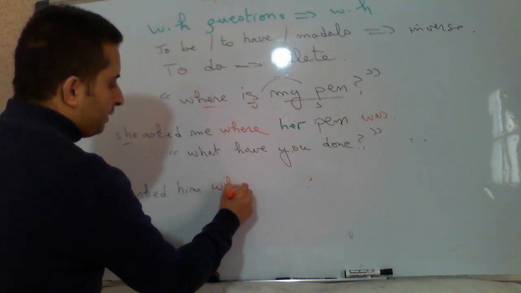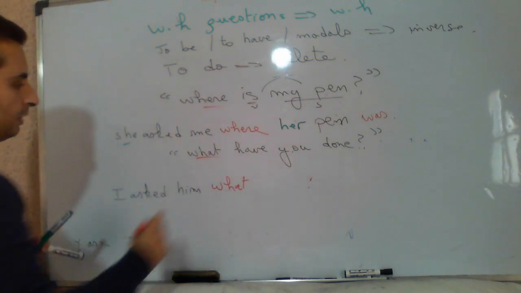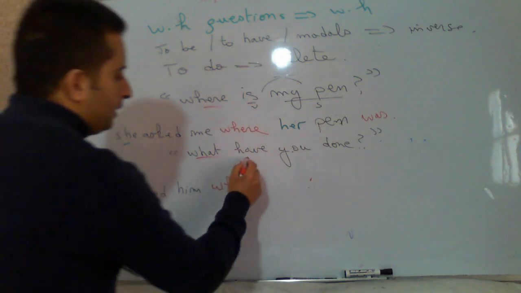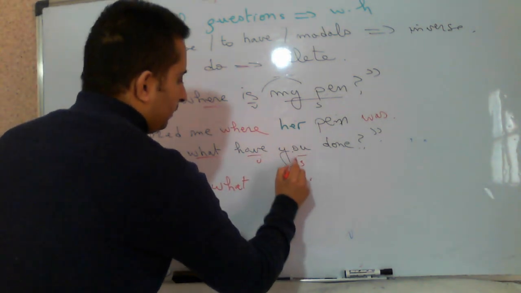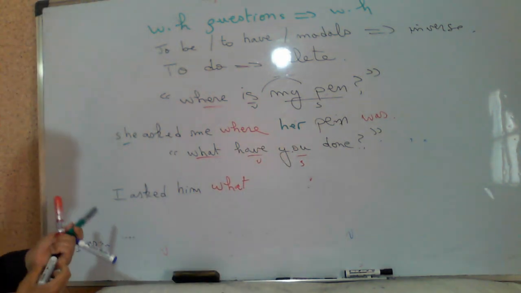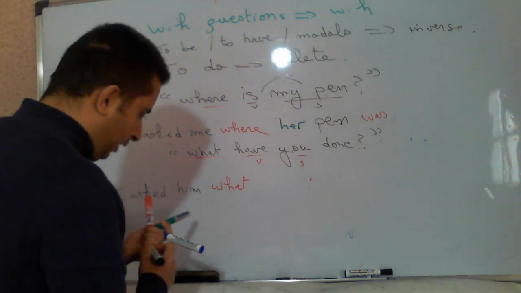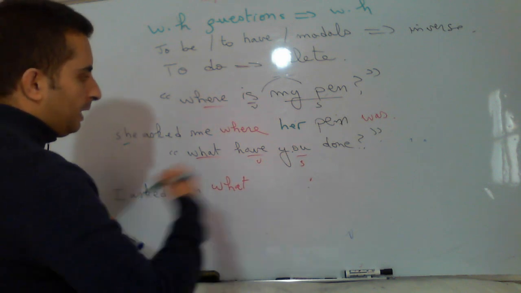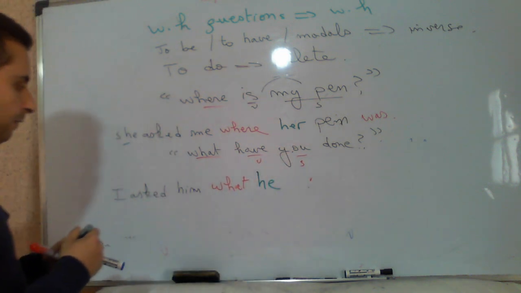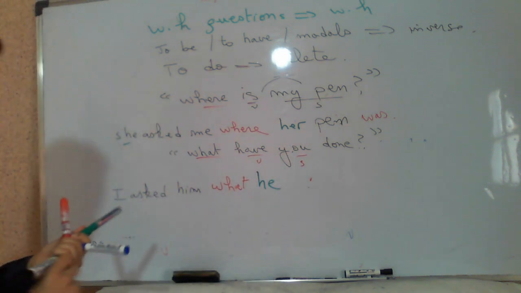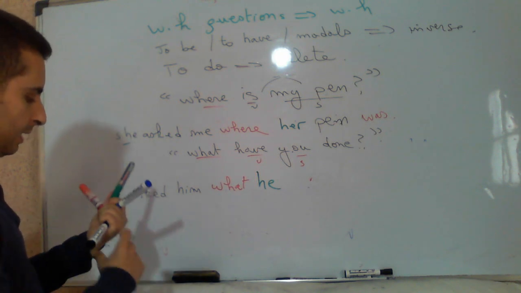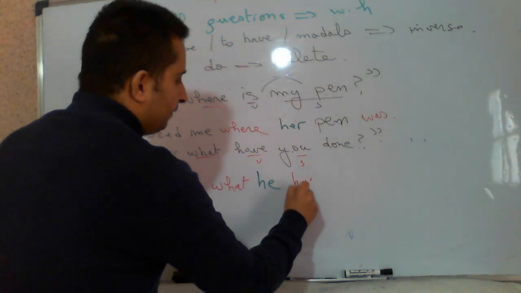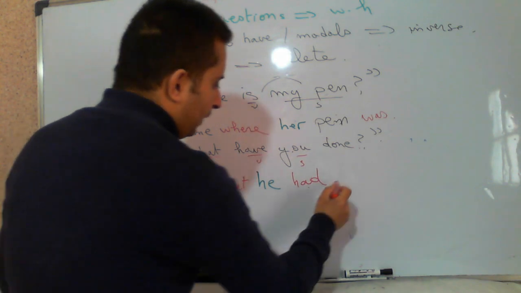We don't use if because we have a WH question. What? This is the verb and the subject. We inverse. Okay. Verb to have with subject. You refers to him, so we use he. What he have, automatically it becomes what? Had done and finished.